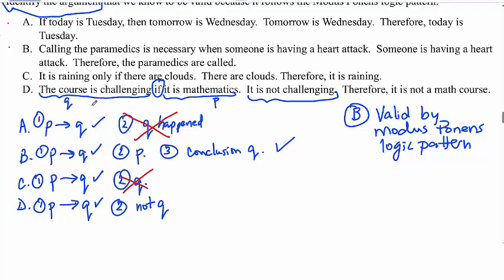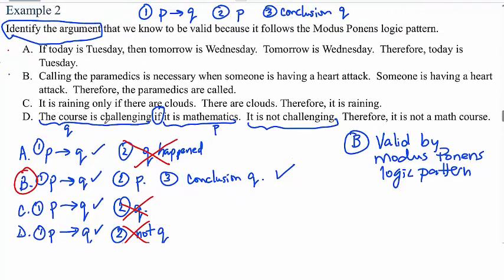Again, we're just looking for P to happen, so this is not going to fit the pattern. So the only one of these four statements that fits the modus ponens logic pattern, and therefore we could say is valid without any further investigation, would be option B.